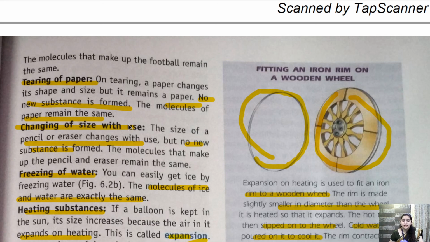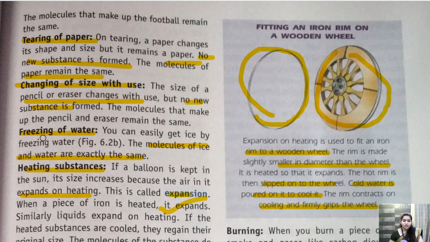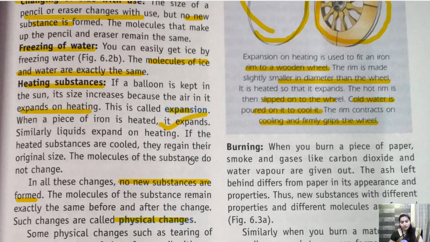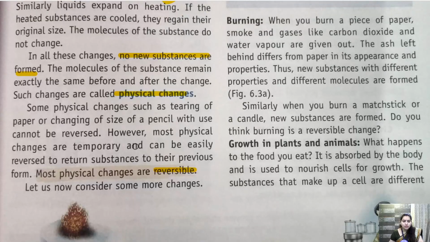Changing the size is also irreversible. Freezing is reversible. Expansion on heating is reversible. So most of the physical changes are reversible except for a few, that is, change in the size of a pencil and tearing of paper. Most physical changes are considered reversible changes.